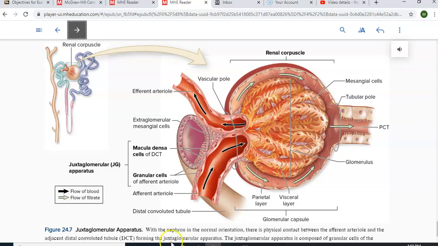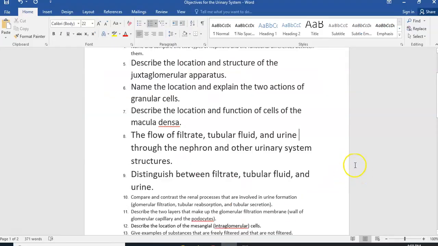So filtrate is just any fluid that's filtered. In this case, it's the blood. So it's the components of the blood that are filtered, end up outside of the glomerular capillaries in our capsular space. So, all right. And then we'll talk about tubular fluid, just the fluid that's in the tubule.